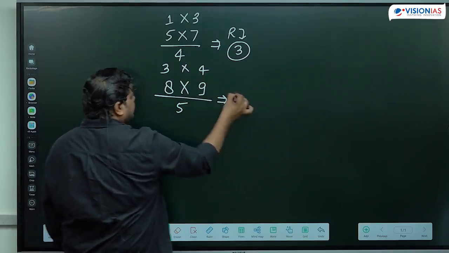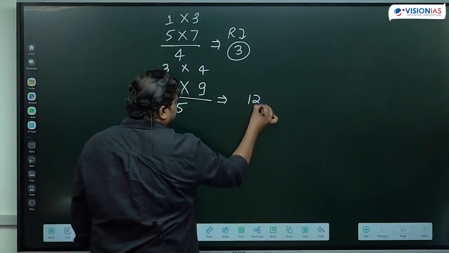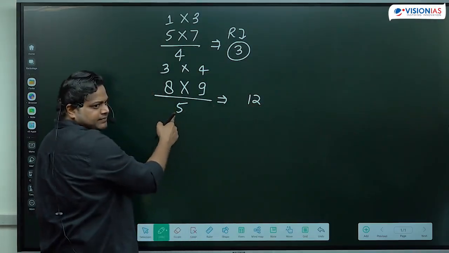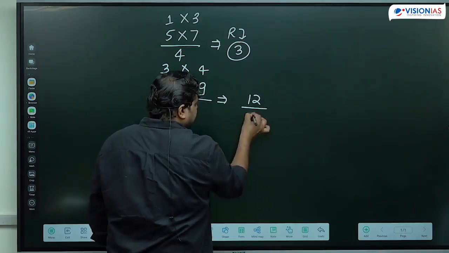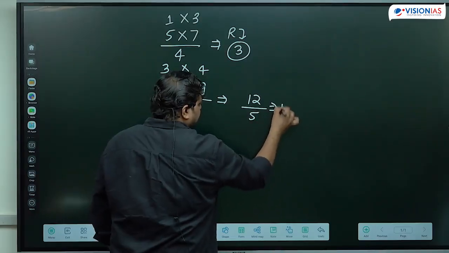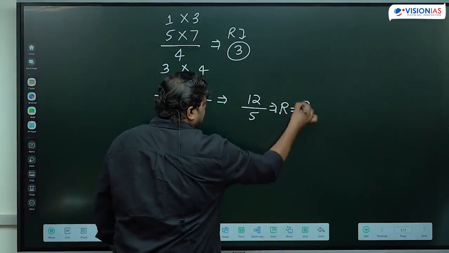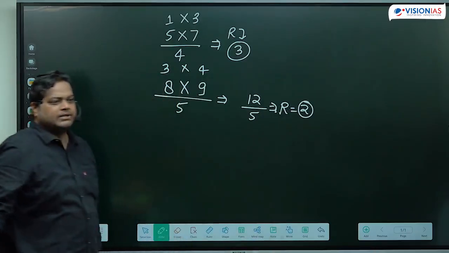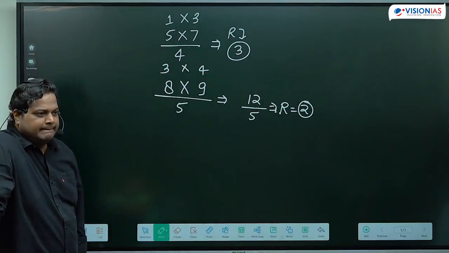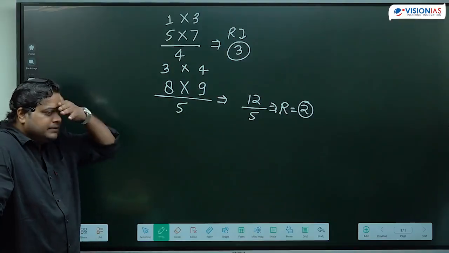Final remainder will be 4 into 3, 12. But 12 is more than 5. That means we need to divide by 5 again. So remainder is 2. ठीक है?